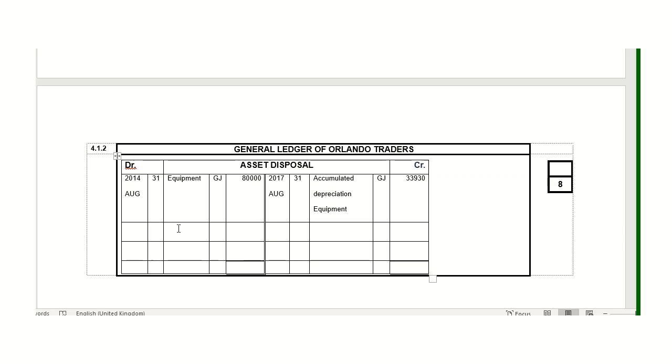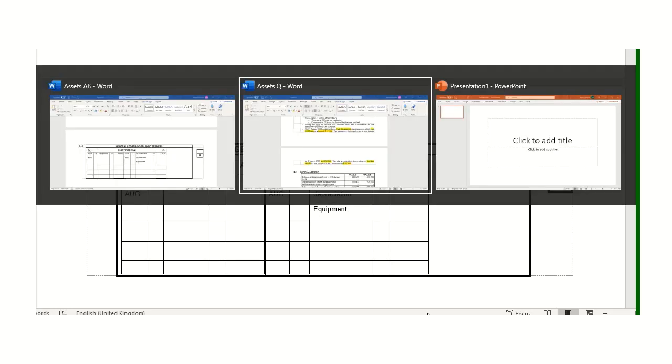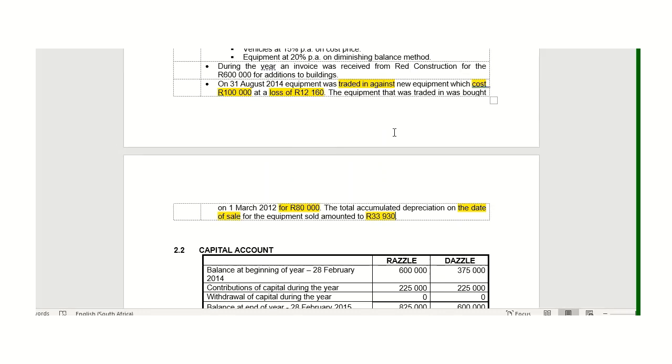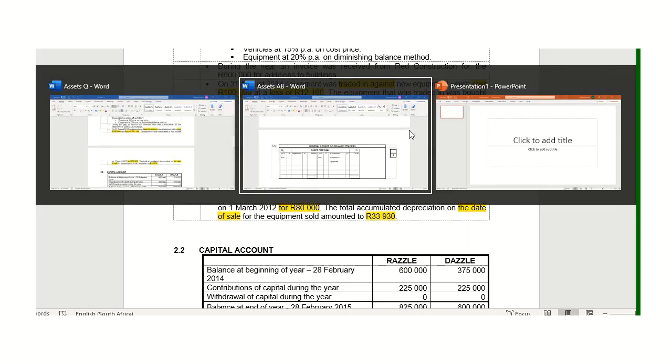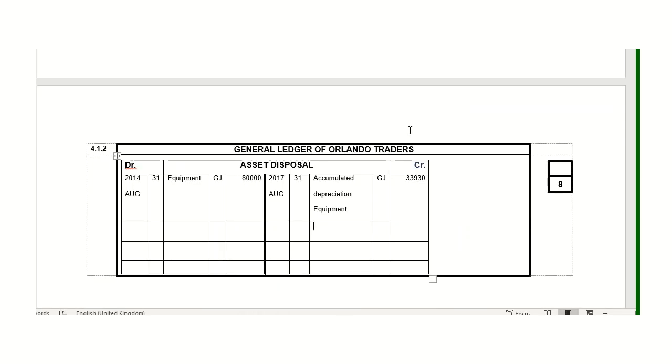On the debit side, nothing else except if we've made a profit. So on the credit side, the other transaction I'm looking for is how much I received for it, and how did I sell it. Now I traded it in, as we explained previously. If I trade it in, it means it reduces the amount I owe on the new item I bought, and the new item I bought would have been a creditor. So it is creditors control.